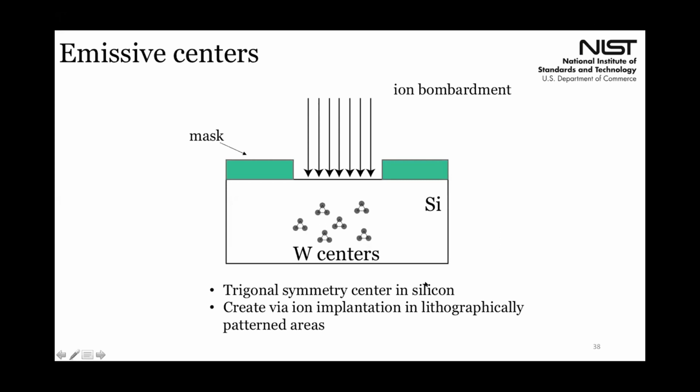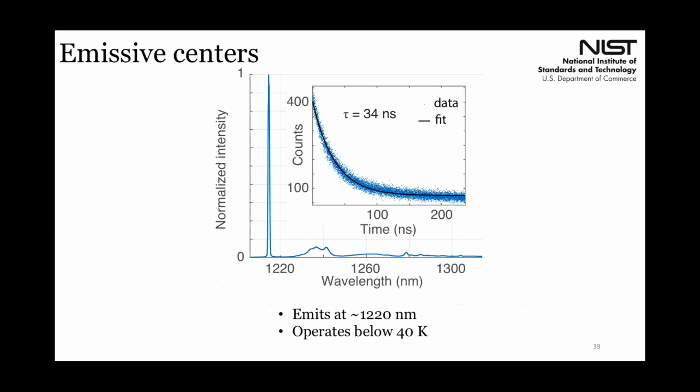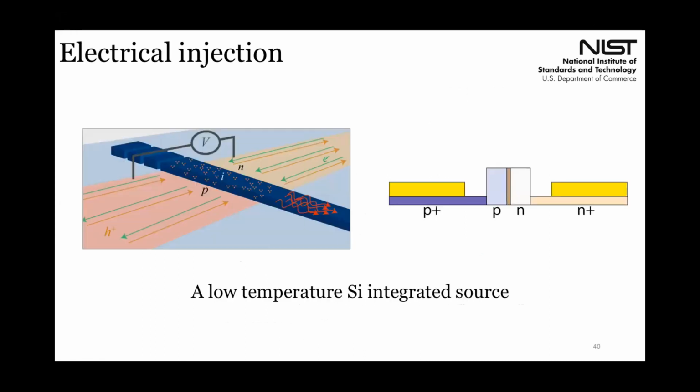So the ones we're talking about are W centers generated by ion bombardment of silicon. They emit at 1220 nanometers with a lifetime of around 30 nanoseconds and operate below 40 Kelvin. So the idea is to implant them in the I region of a PIN diode, and when you forward bias it, you generate light in a waveguide.